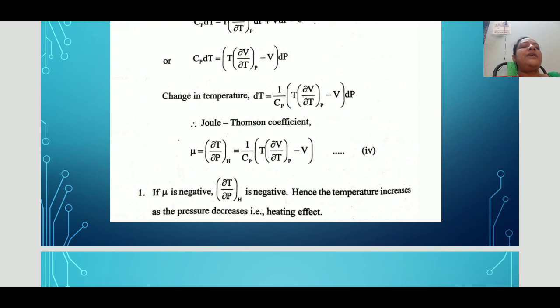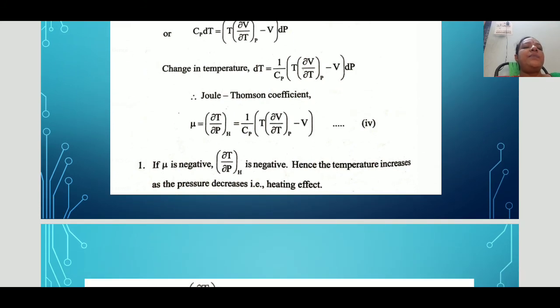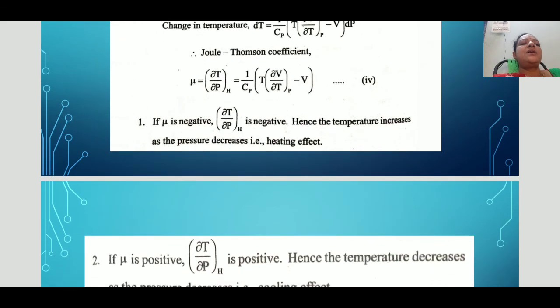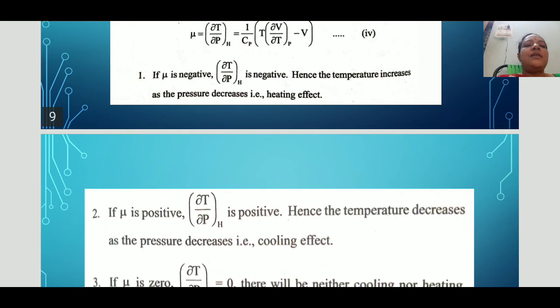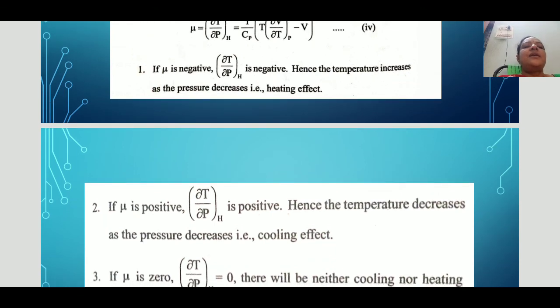So finally we get the fourth equation, that is the JK coefficient mu is equal to dou T by dou P at constant H, which is equal to 1 by Cp into T into dou V by dou T at constant P minus V. By this we understand the three cases: when the gas heats up, when the gas cools, and when it shows neither heating nor cooling.